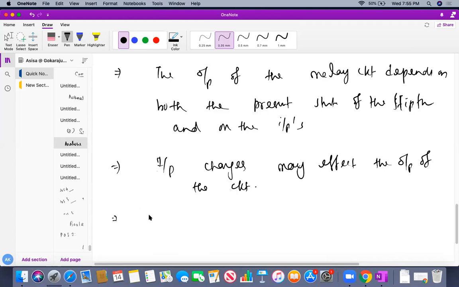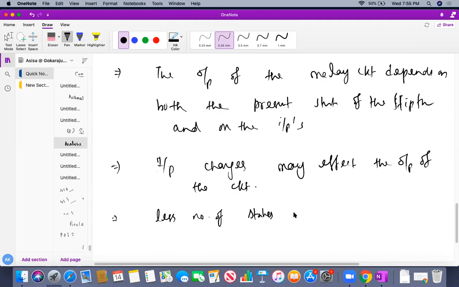And also another important point, it requires less number of states for implementing the function. If a Moore circuit requires 4 states to represent a function, the Mealy circuit will require, let's say, only 2 states to represent the particular function. So what do you understand?